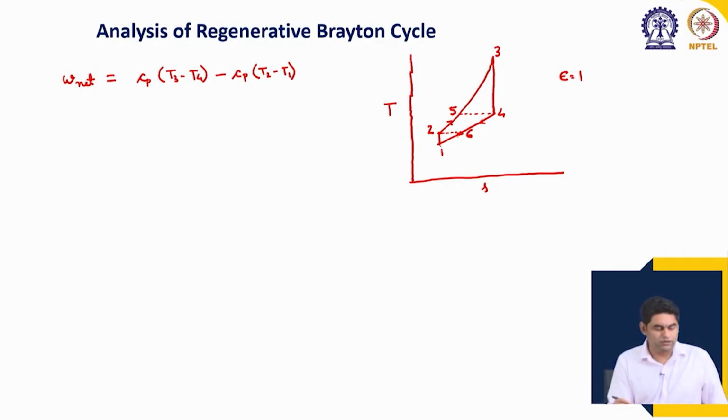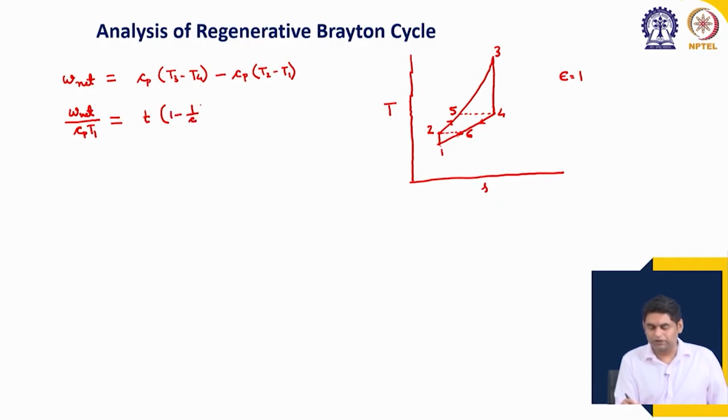There is no change, which means that for this case also the performance curve for W net by Cp T1, because T1 is also the same, will remain exactly the same as that of the simple Brayton cycle. So, this will be equal to, like in the previous class we had derived, T1 into the expression with 1 by C minus 1.